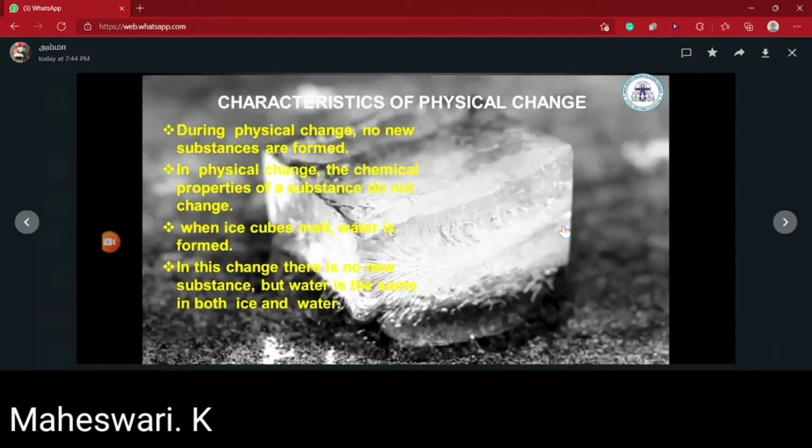When ice cubes melt, water is formed. In this change, there is no new substance, but water is present in both ice and water. This is a characteristic of the physical change.